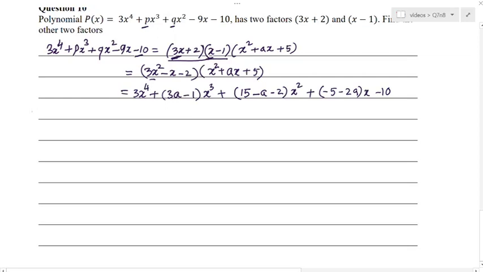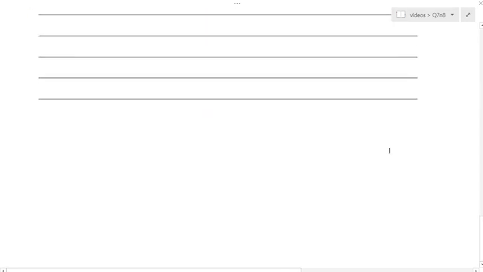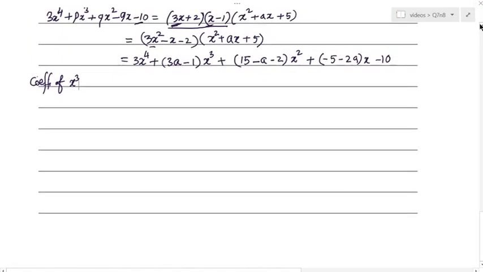Now equating coefficients, I first take the coefficient of x cube. We'll need a lot of room here, so sorry, it's gone up. Okay, I'll draw a line here so that we have more room.